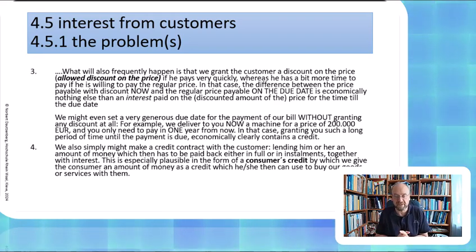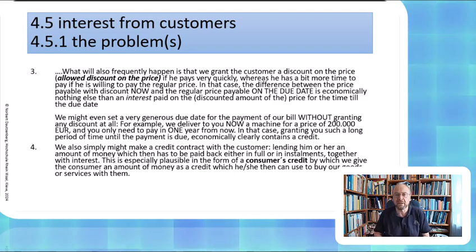Further on, it might be that you set the contract conditions, the payment conditions, in a way that you say, if you pay very quickly, you get a discount on the price, let's say 1% or 2%, if you pay within 5 days or 7 days. If you pay within only 30 days after you receive the invoice, then you have to pay the full price.